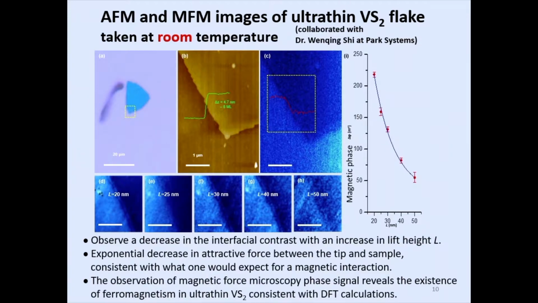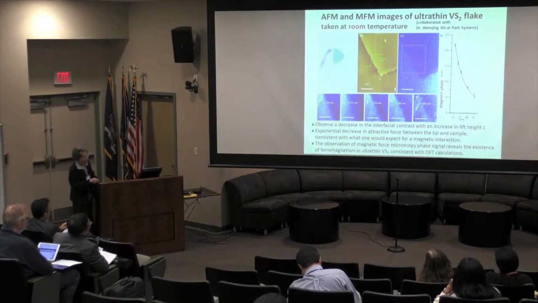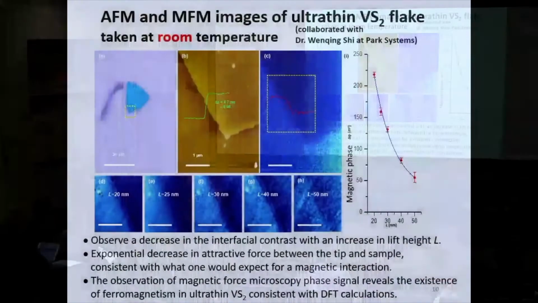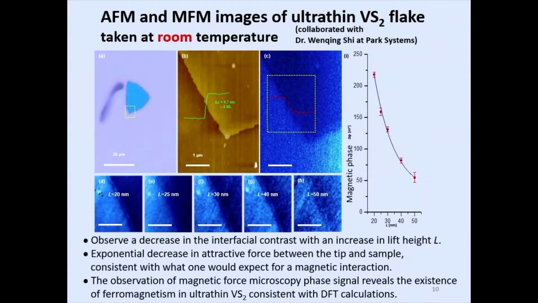Next you do the second scan by lifting the magnetic tip 25 nanometer above the first scan. You will measure the so-called magnetic phase change, and that one is at 25 nanometer lift height. So you can do the magnetic phase imaging at different lift heights, 20, 25 is this one, and increasing the height. Then you plot this magnetic phase shift as a function of the lift height. You get a data point here. We try to fit the 6/12 dependence.